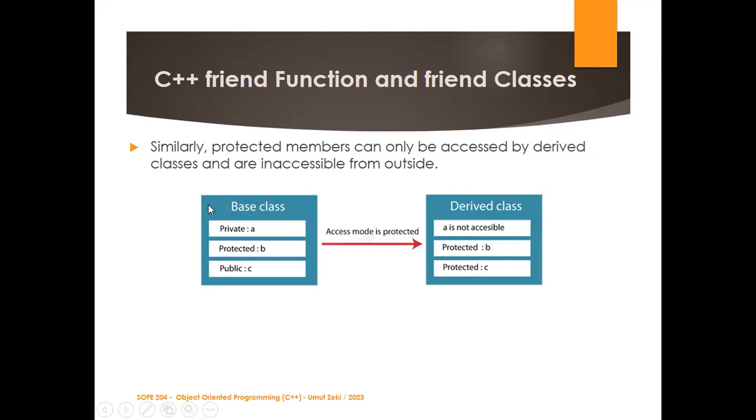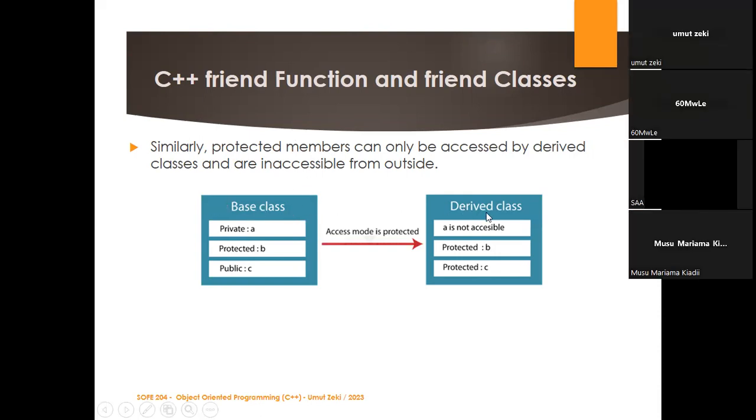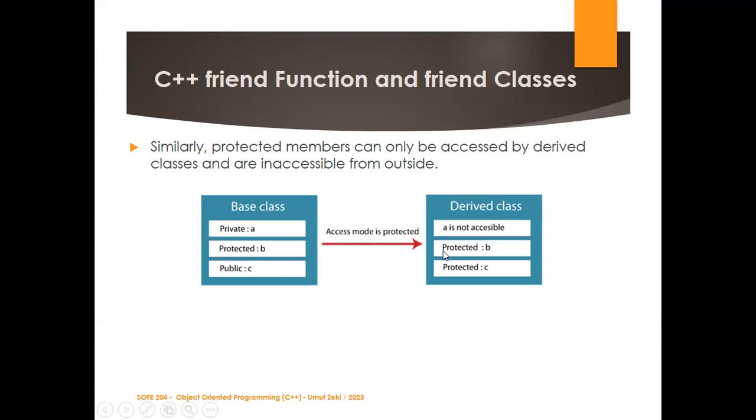If we have a base class and a derived class, and in the base class the label is private, it is still not accessible in the derived class. If the base class member is protected, it can be accessed in the derived class, as you know.